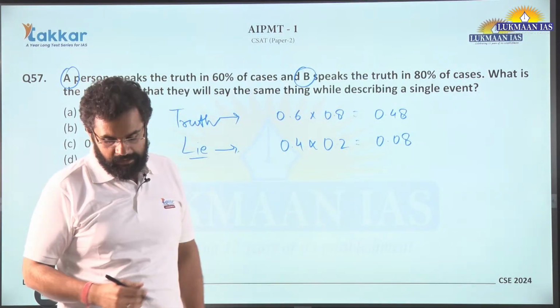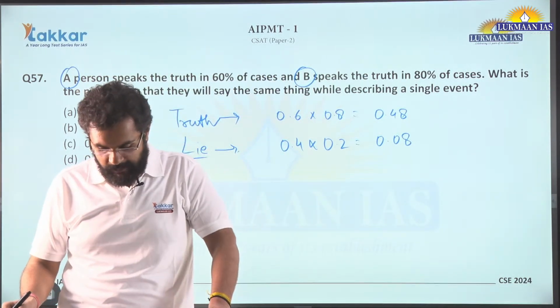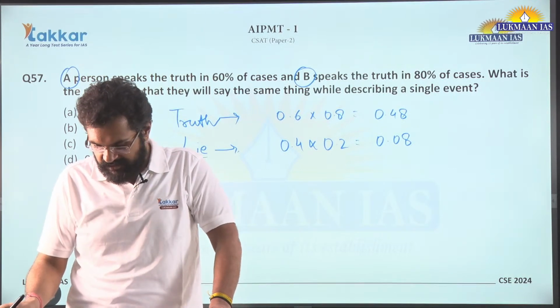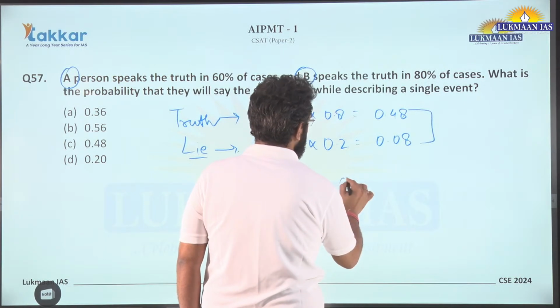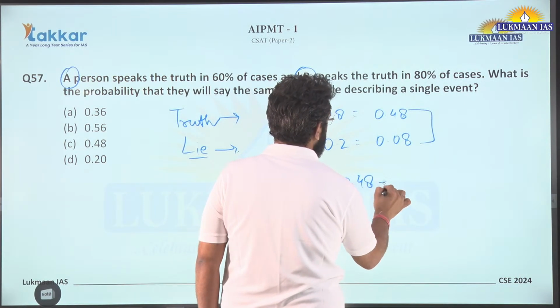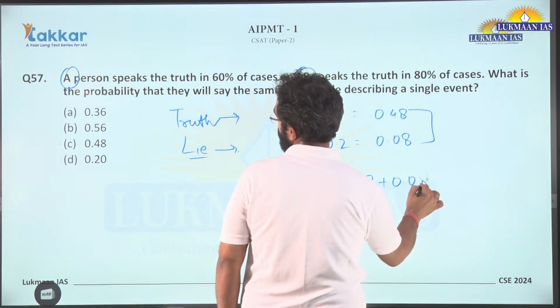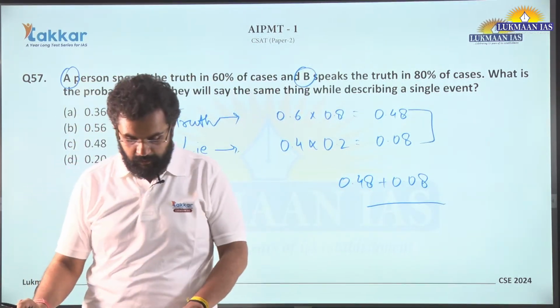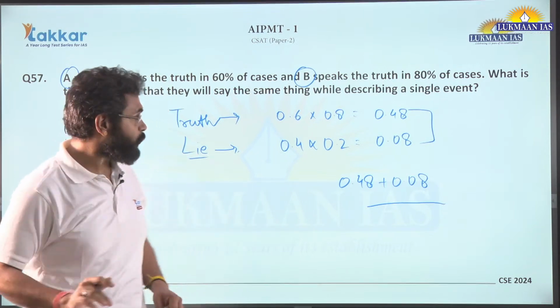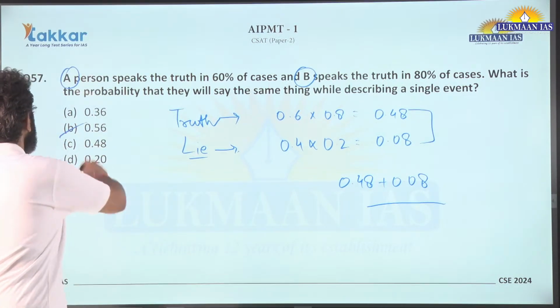So in this case, the total probability if they are describing the single event would be 0.56. So option B, 0.56, is the right answer.